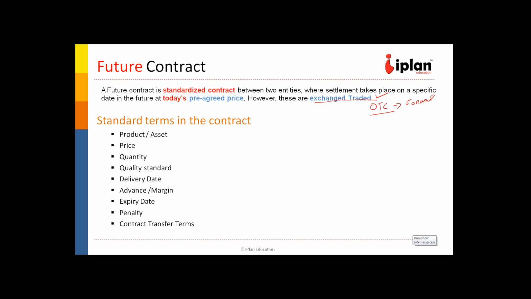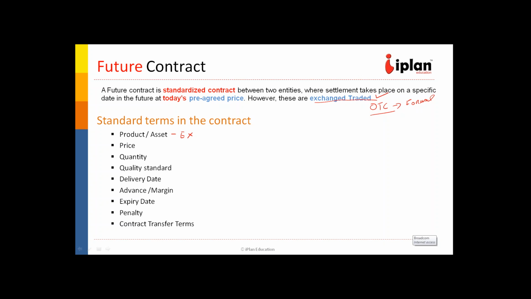The exchange decides which stock or which commodity will be traded over the exchange. Let's say there are thousands of commodities in the market, but the exchange will select those 100 or 200 or 300 commodities which they want to allow trading in.